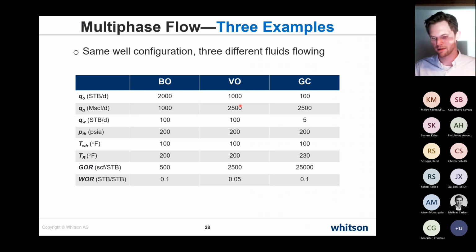Volatile oil, more in the alternating phase, where there's going to be a lot of gas, at least as you approach the wellhead and the pressure reduces. A lot of gas is going to come out of solution and exist as free gas and expand very rapidly. And then a gas condensate, where the well is essentially filled with gas, and the liquid is just moved up the well as droplets with that gas.